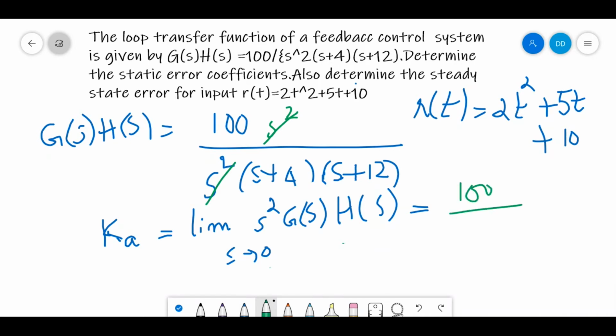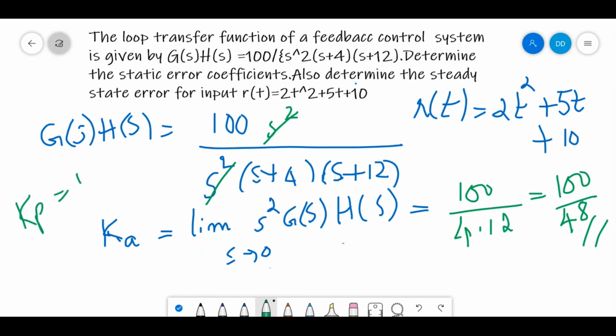If we substitute s equal to 0, we get 100 divided by 4 into 12, which is 100 by 48. So we have position error coefficient as infinity, velocity error coefficient as infinity, and acceleration error coefficient as 100 by 48.